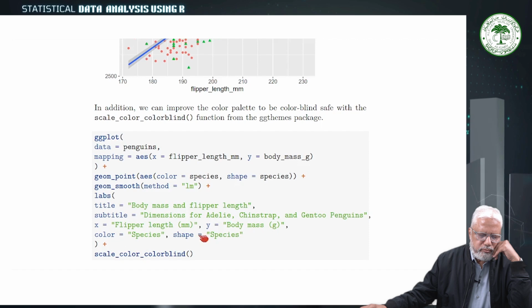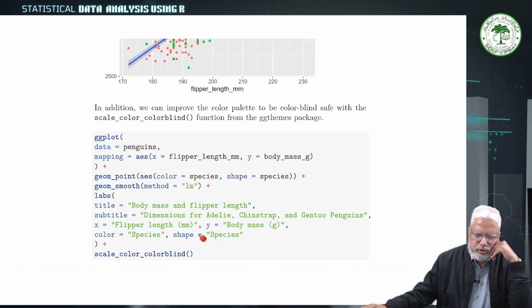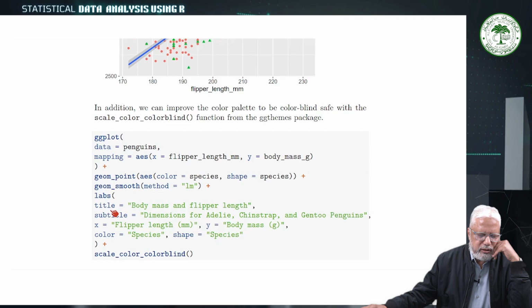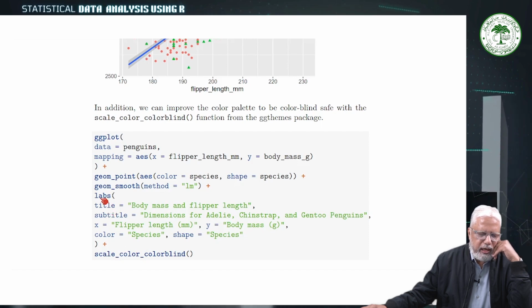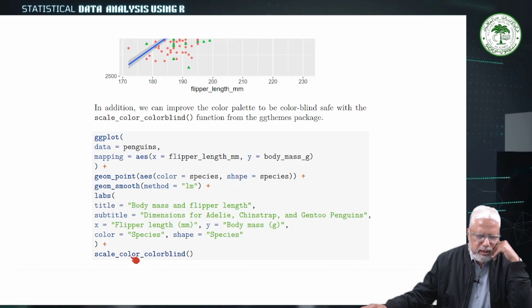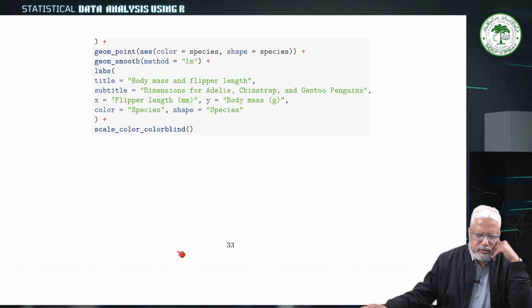So, color is equal to species, shape is equal to species. So, these things are there in the labs function. These are the labelings, and then color is equal to scale_color_colorblind.